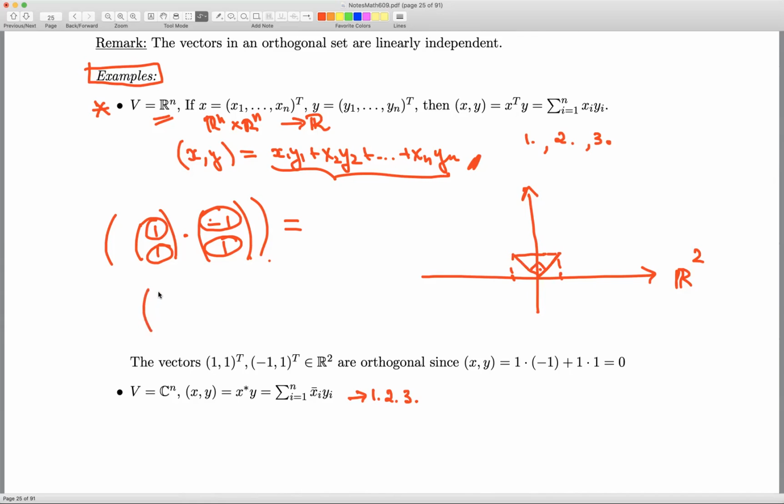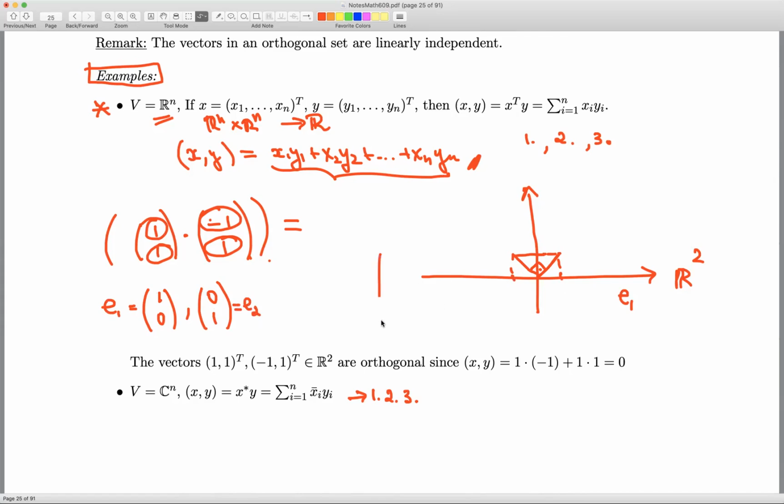Another example is the vectors 1, 0 and 0, 1. These are the standard basis for R2. So this is the vector E1 on the x-axis with coordinates 1 and 0, and 0, 1 is the vector E2.